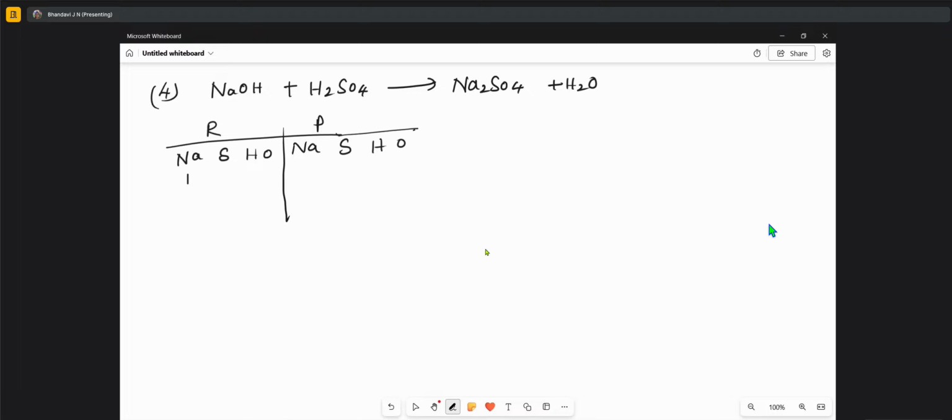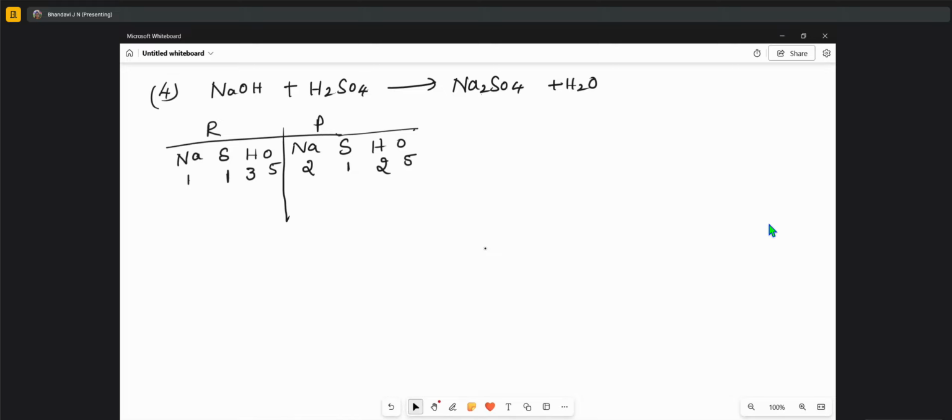You have 1 sodium, 1 sulfur, hydrogen: 1 here and 2 here, 1 plus 2 is 3, and oxygen 4 plus 1 is 5. Here you have 2 sodium, 1 sulfur, 5 oxygen, and 2 hydrogen.